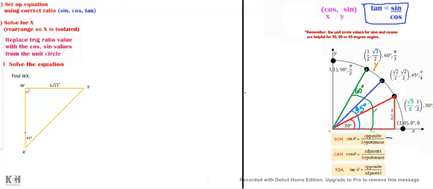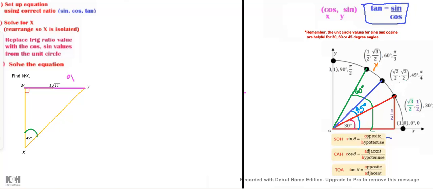Our first clue is we're dealing with a 45-degree angle. We have an opposite side here, and that is square root of 3 times square root 11.